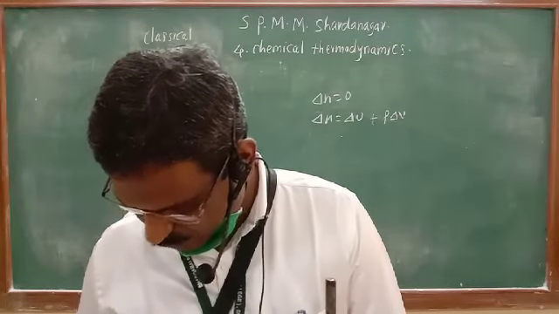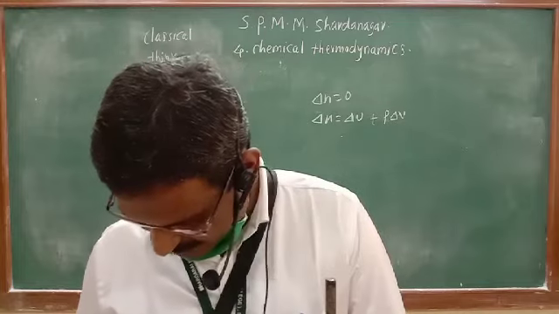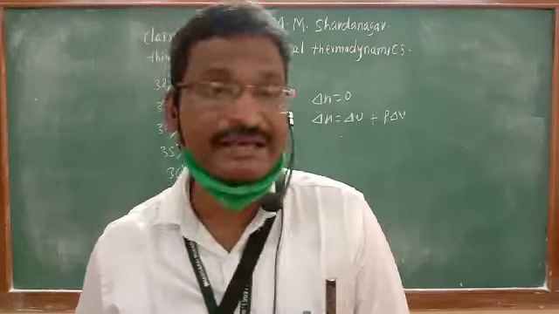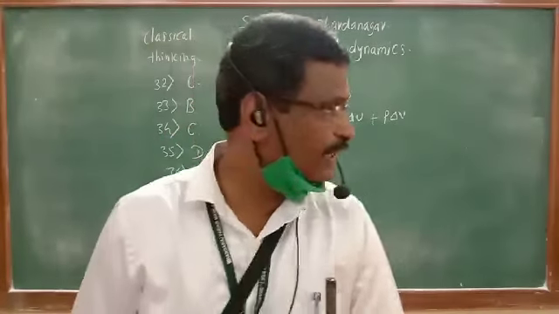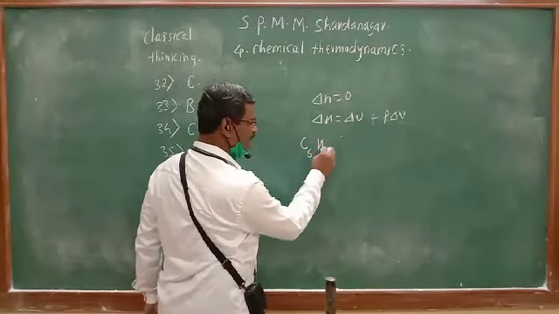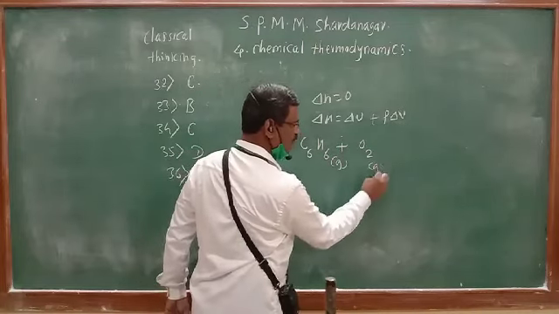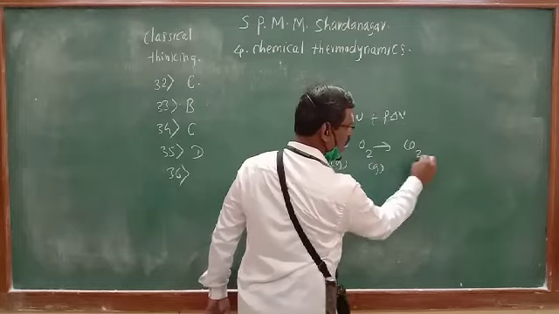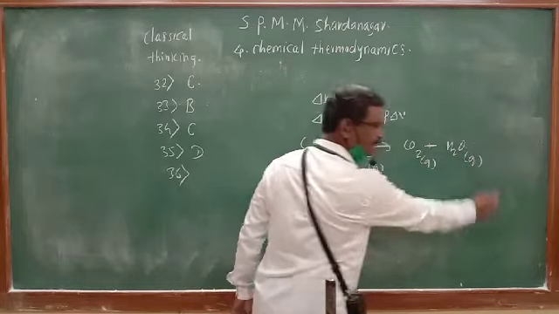Now question number 36. What is delta N for combustion of 1 mole of benzene when both reactants and products are gas? Calculate delta N. Benzene C6H6 gas plus O2 gas giving CO2 gas plus H2O also gas.